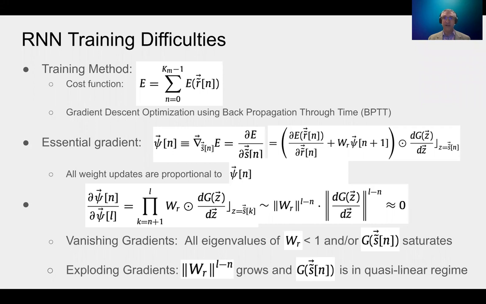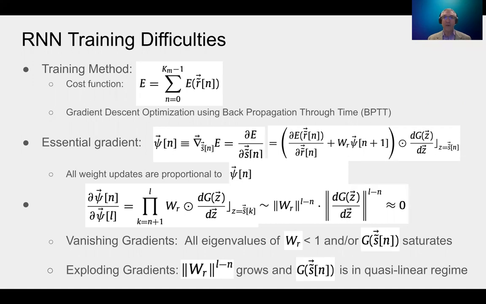On the other hand, if at least one eigenvalue of W sub r is outside of the unit circle, and if the warping function is biased in the middle, then the corrective gradients will grow out of bound.